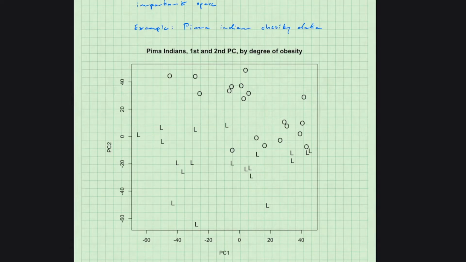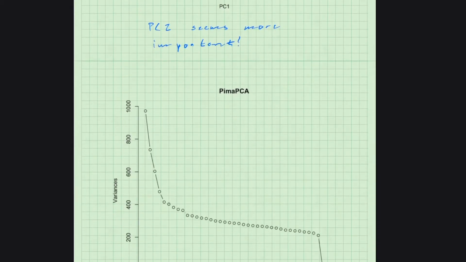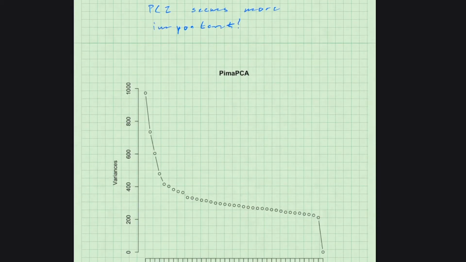So if you had reduced your space down to 1 dimension, which granted is a little bit silly, if you had done that, you would have missed this. You would have missed the fact that you had one of your principal components separated out, the obese from the lean.